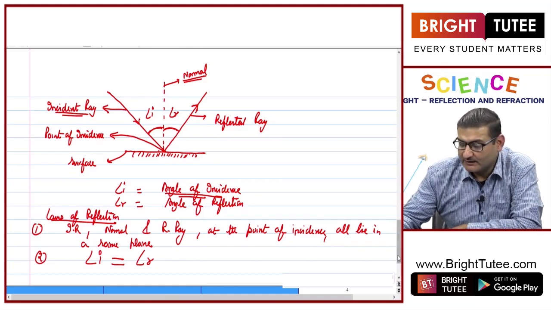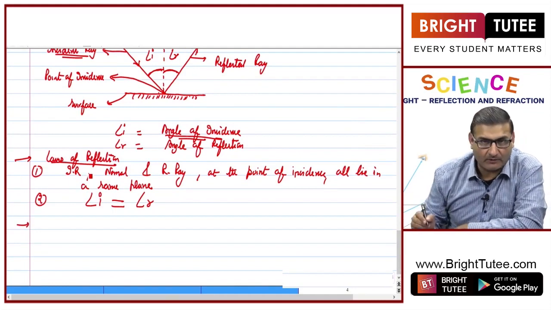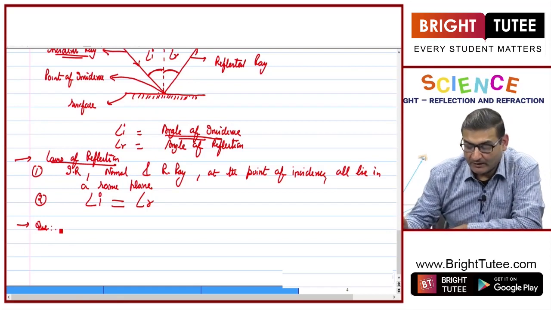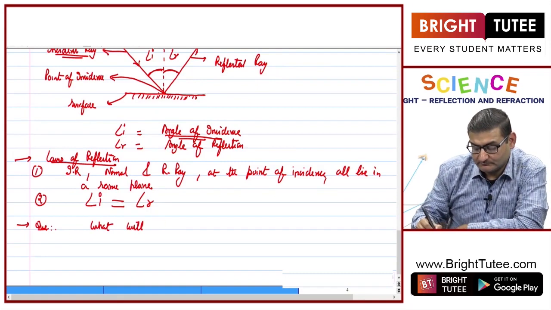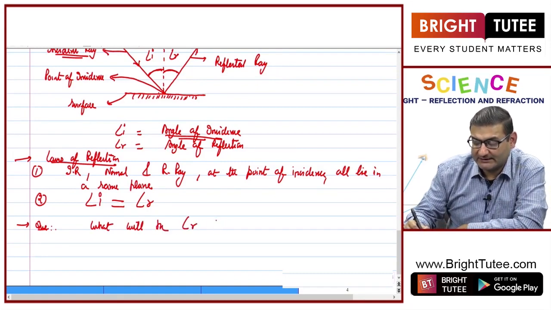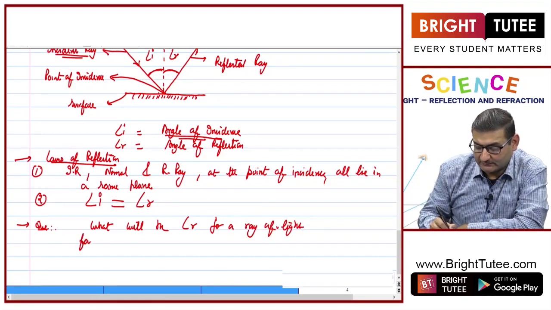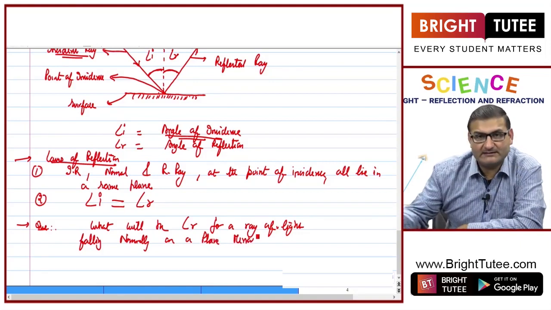Now, my dear students, you will be asked one or two things based on this law. The first question will be: what will be the angle of reflection for a ray of light falling normally on a plane mirror or any surface?